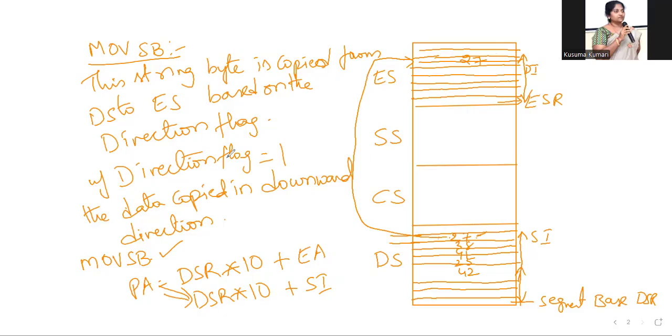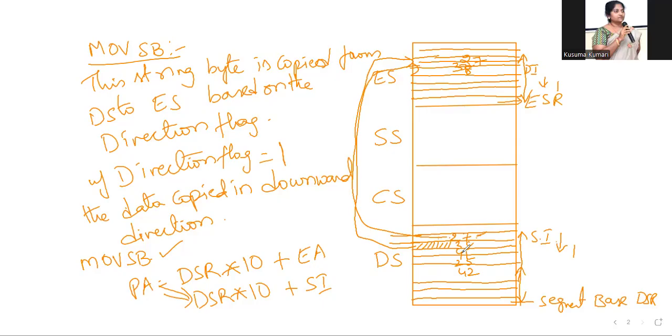Because the direction flag is equal to 1, the source index register's effective address is decremented by 1, and the destination index is also decremented by 1. Now the second memory location is identified. This 37 is automatically copied into the next memory location. Next 38, sorry, 38.